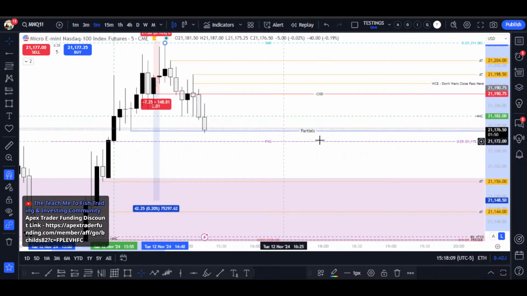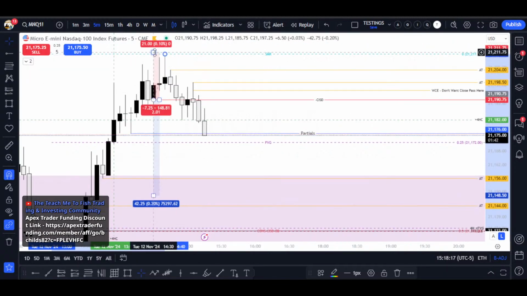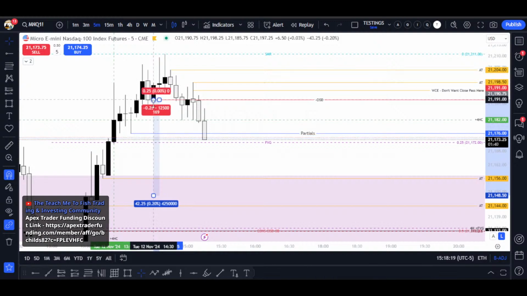Now, if you were trading that change in state of delivery after partials have been met, I would just go to break even.